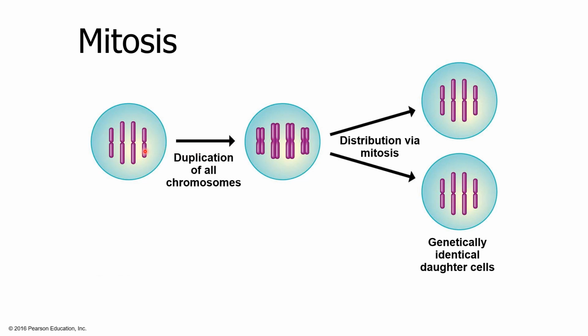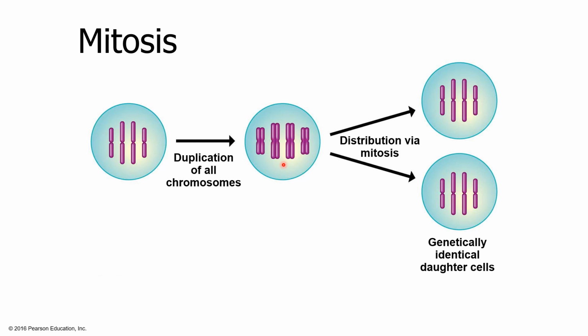So notice how here we have 4 chromosomes, and they don't have a sister chromatid, they don't have copies. Check it out right here. Each chromosome now has a sister chromatid. What does that tell you? It tells you that your chromosomes have just been duplicated during the S phase.